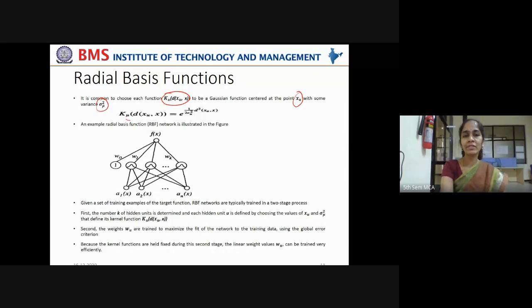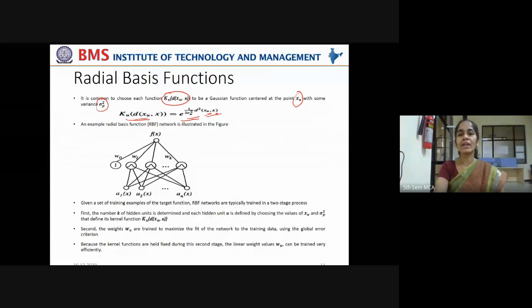How can you represent this kernel function now? It can be represented as e to the power of minus 1 by 2 sigma_u square multiplied by the square of the distance measure between the new instance and the existing instance.